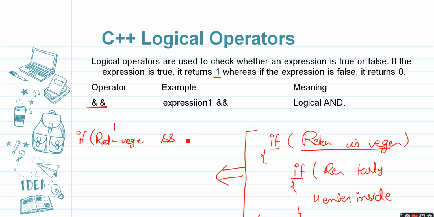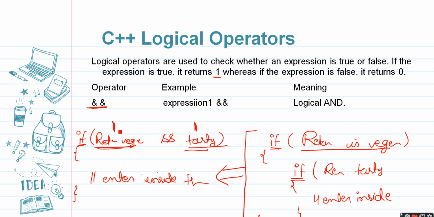And the food should be tasty. Now I can enter the restaurant. So we have two conditions in the same if block. I do not need to write two different if statements. If it returns 1 and 1, which basically means true and true, only then will it enter the restaurant.